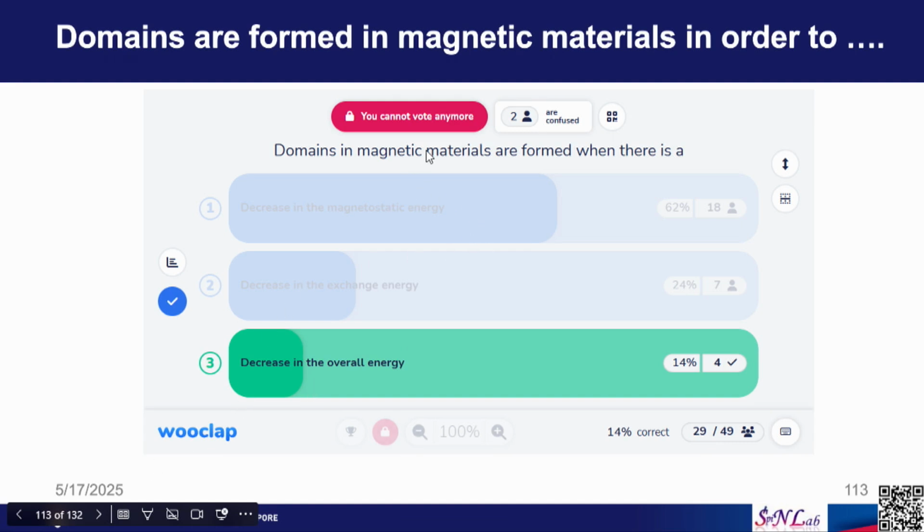You also have another case, right, single domain, where you are not forming domains, because you are increasing the domain wall energy. So, domains are formed only when there is a decrease in the overall energy of the system. That is why I told you, not all the time we form domains, right.